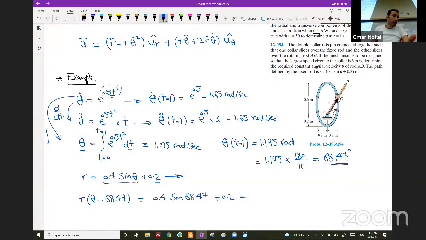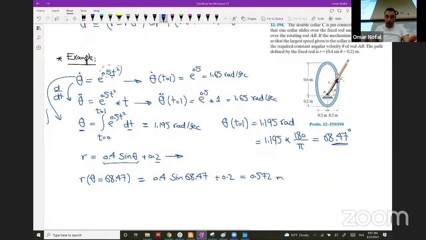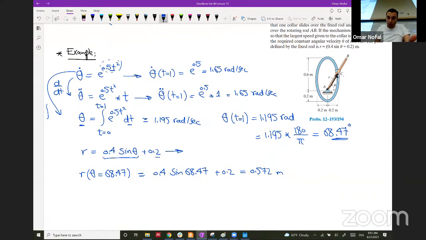When you calculate this term, it should give you 0.572, and r should be in meter because all our dimensions are in meter. And then we will come back to the r dot as we did before.